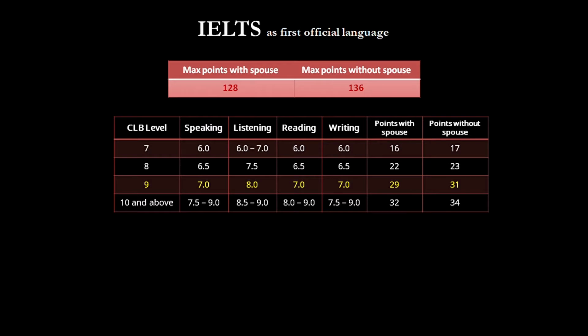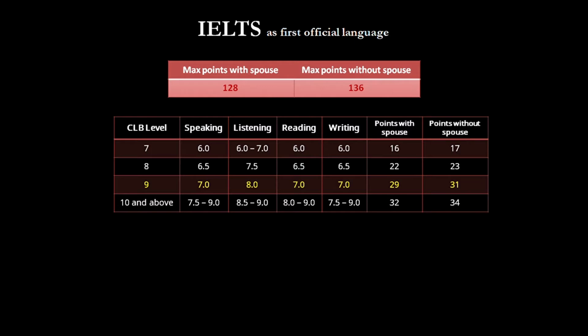For instance, let's take CLB level 9. If you obtain 7 in speaking, 8 in listening, 7 in reading, and 7 in writing, you get a Canadian Language Benchmark level of 9.